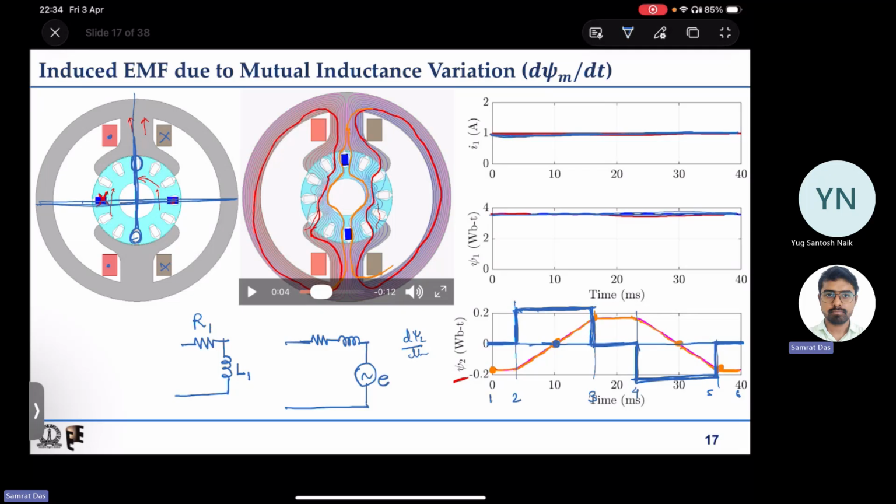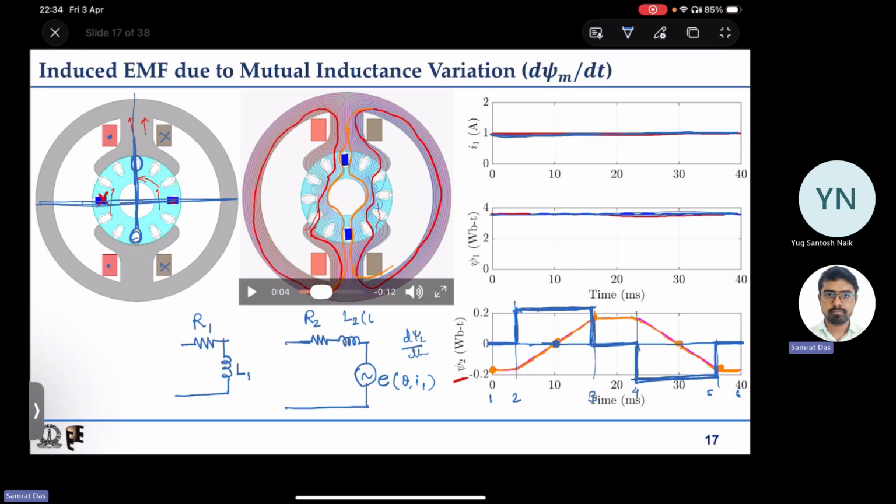Say some induced EMF, that obviously will be dependent on the rotor position. First coil current may also be responsible for that, and this resistance R2 will be reasonably constant. And L2, what about L2?